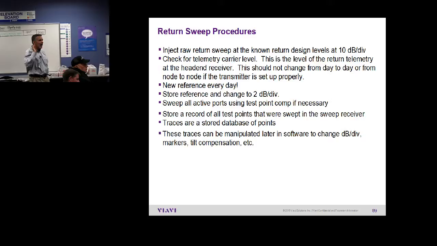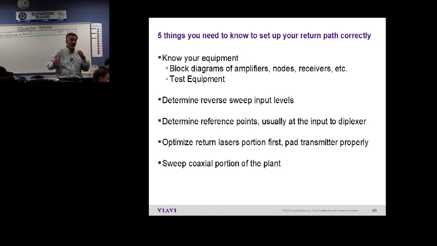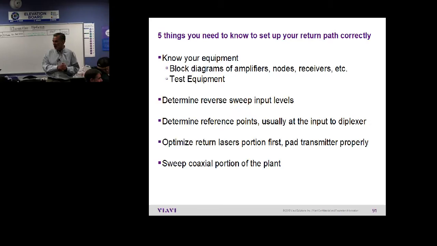Is it bidirectional or is it resistive, or is it directional? You've got to know that. Is the test point in between the diplexers or is it outside the diplexers? Some amplifiers have test points in between the diplexers, and if you have a test point in between the diplexers, you can't use that for an injection point, right?